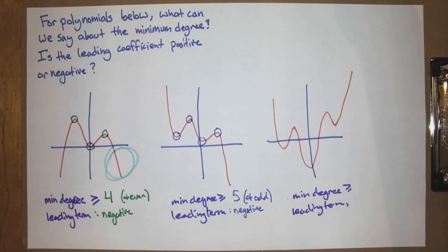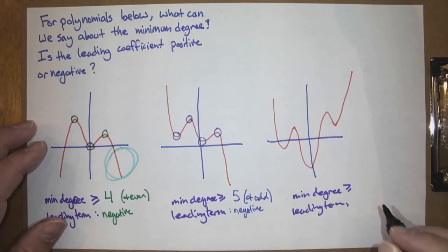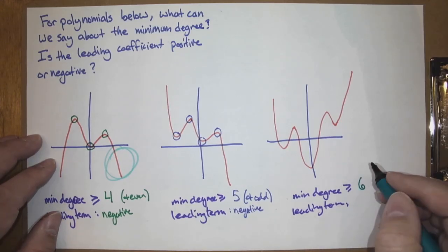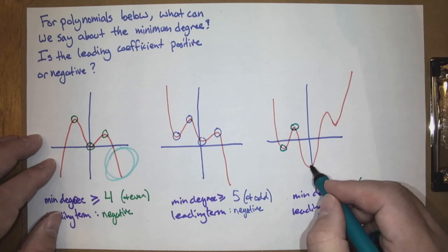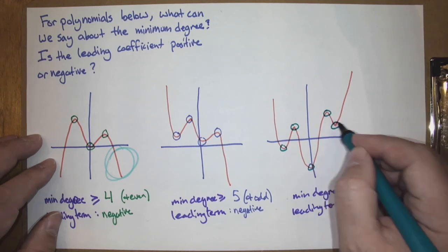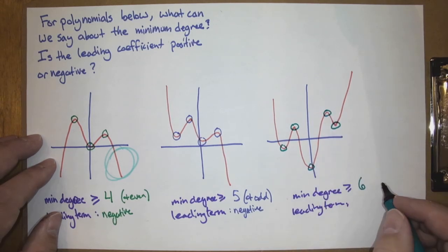All right, one more to go. What's our min degree? 6. We can count 1, 2, 3, 4, 5, and then add 1 more. Will it have to be an even or an odd? Even.